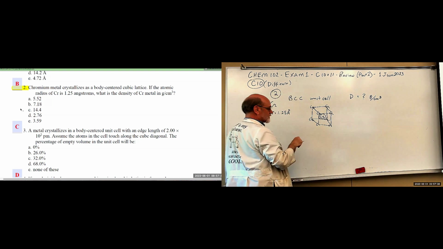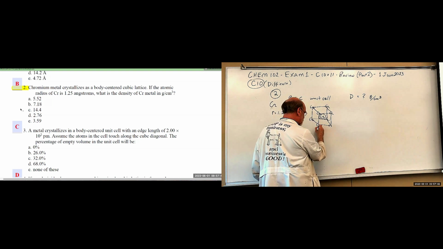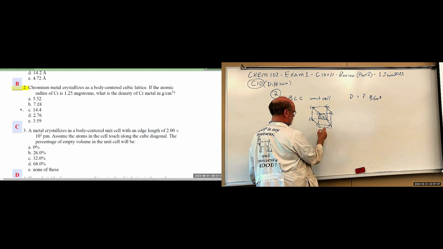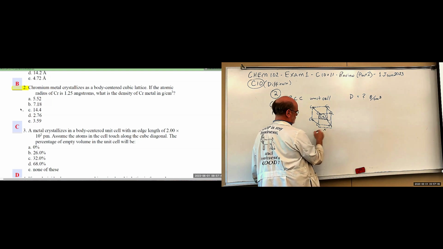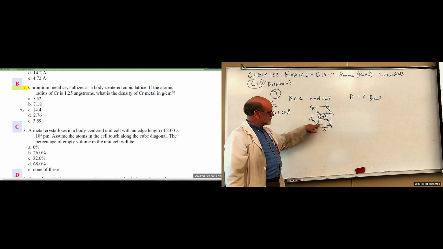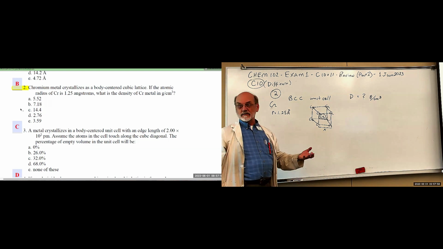Okay, so in order to tell the volume, we need this distance right here. Let's see, what are we going to call it? X. Call it X. What's the edge of that cube? And then if we know that, all we have to do is cube that value.